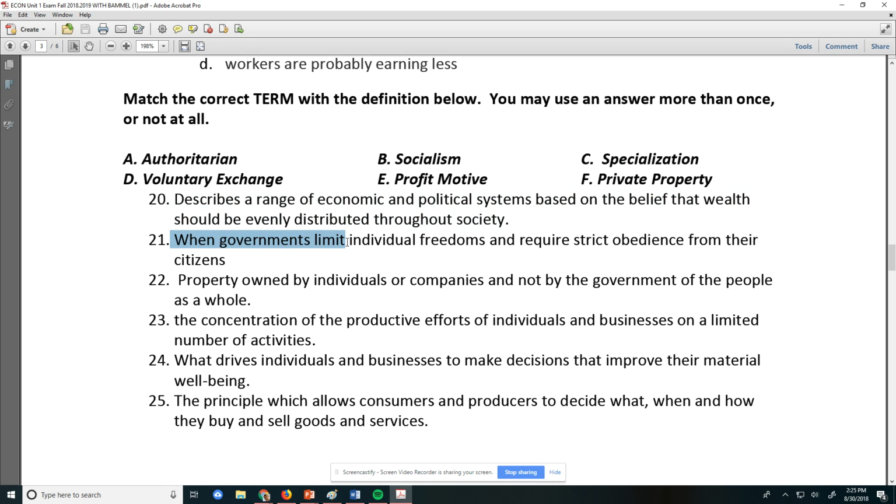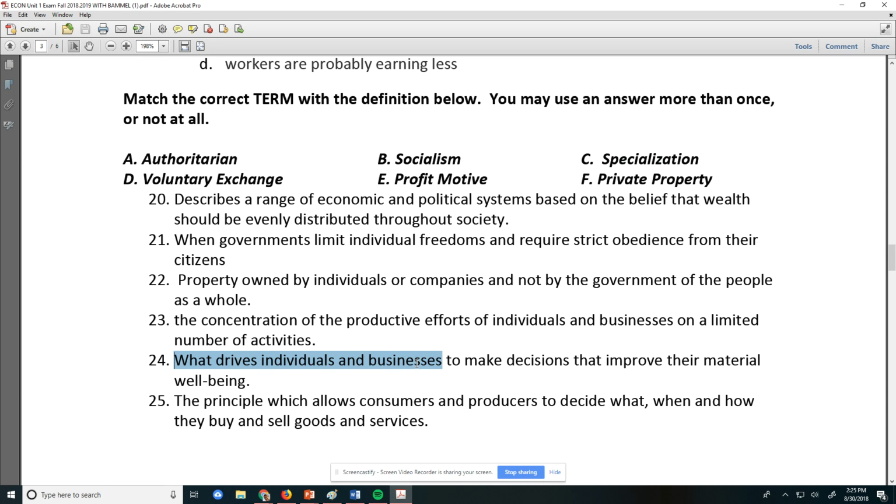21. When government limits individual freedoms and requires strict obedience from their citizens. 22. Property owned by individuals or companies and not by the government or the people as a whole. 23. The concentration of productive efforts of individuals and businesses on a limited number of activities. 24.